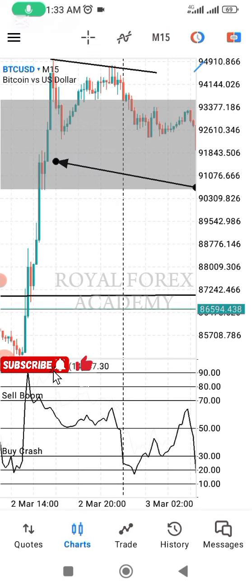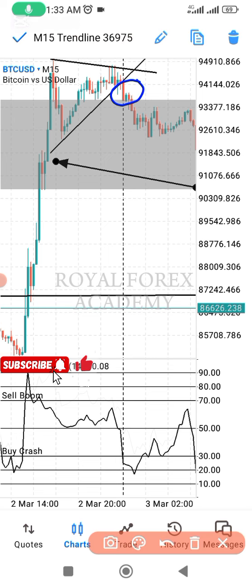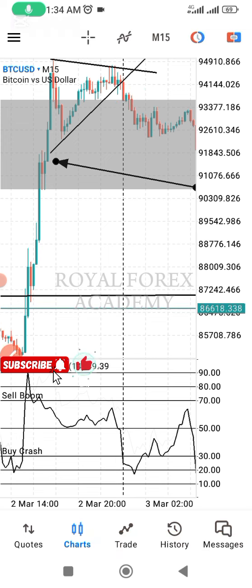So you can use this to determine your entry. So you can see this bearish candle close out of that pattern, and you know it is your point of interest. Then what next? You wait for your CCI to close below the level of 50, and you are in that trade to the downside.